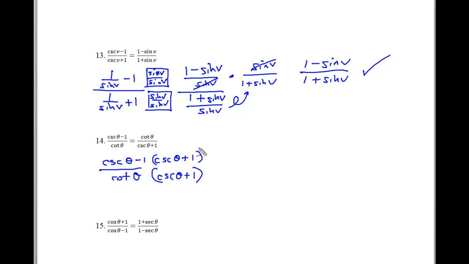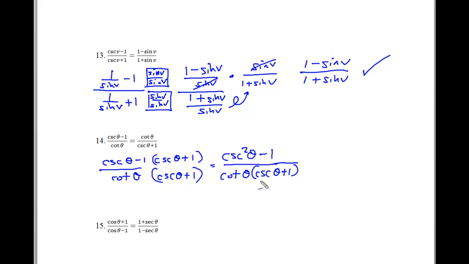Now we'll do some distribution here, and this is going to make cosecant squared of theta, and then you're going to have minus 1. The reason is because this would give you plus cosecant and then minus cosecant, and that simplifies to 0. And in the denominator what we have here is cotangent theta times cosecant theta plus 1.